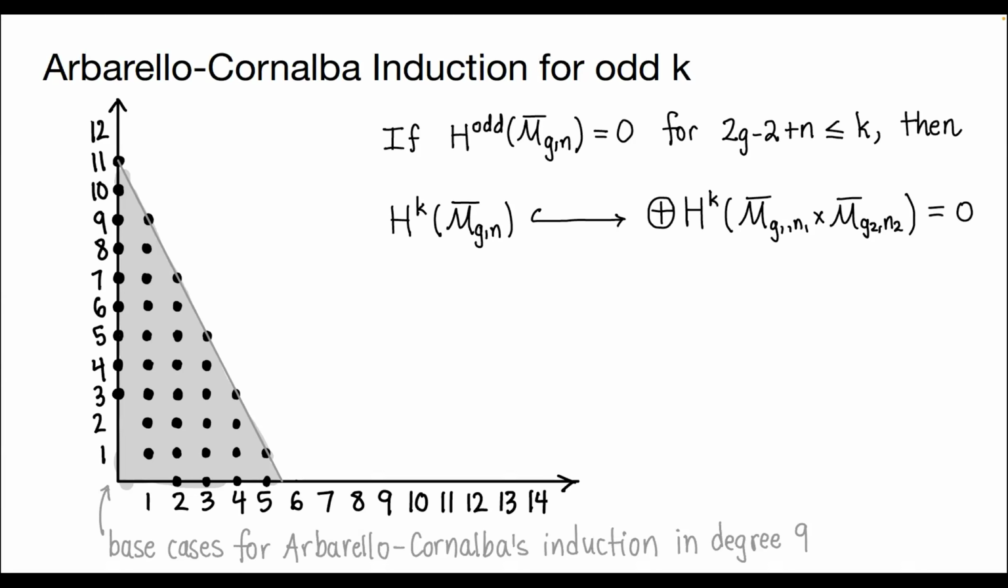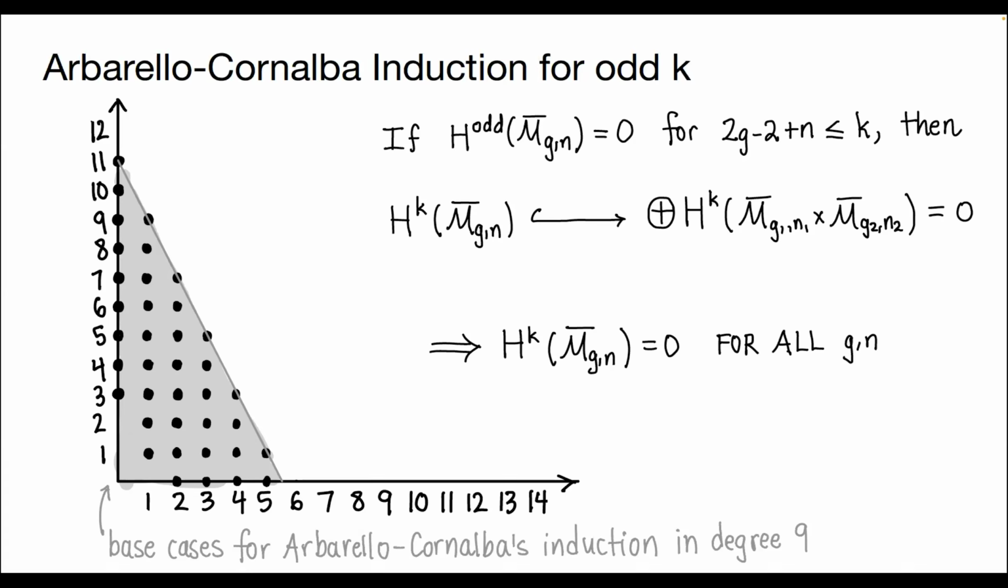So the right-hand side is 0 by induction, and if you inject into 0, you must be 0. So just from knowing the vanishing of odd cohomology in this finite region of base cases, we learn that the degree k cohomology vanishes for all g and n.